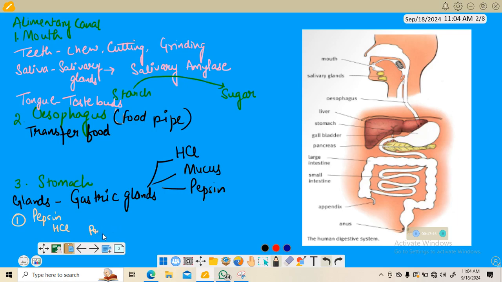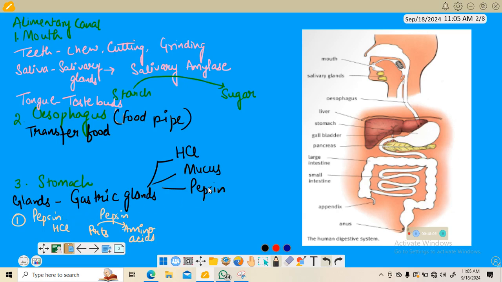What will pepsin do? It will break down proteins into amino acids. So the hydrochloric acid makes the environment acidic so that pepsin can act on food.